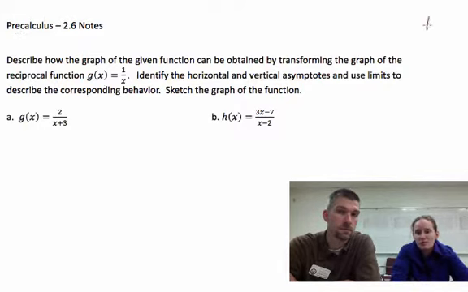Our parent graph has a vertical asymptote at x equals 0 and a horizontal asymptote at y equals 0. Then we've got this cool looking thing in the first and third quadrants.